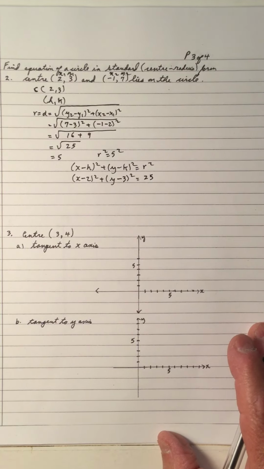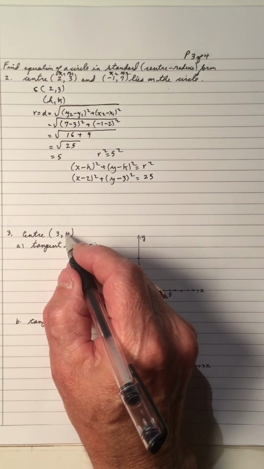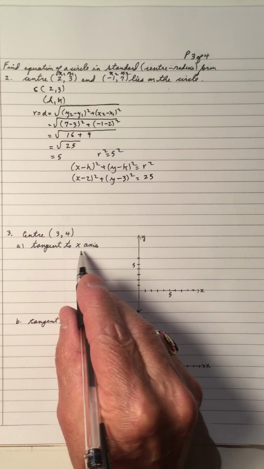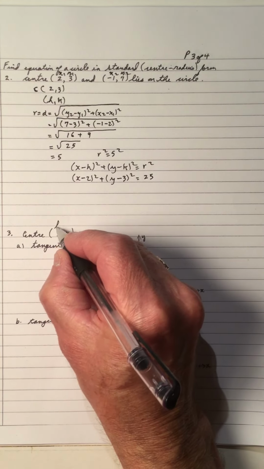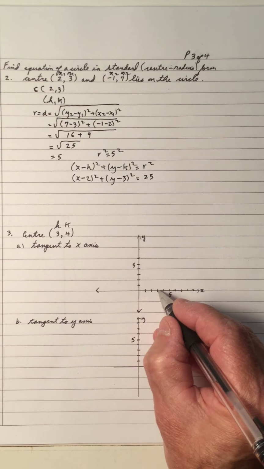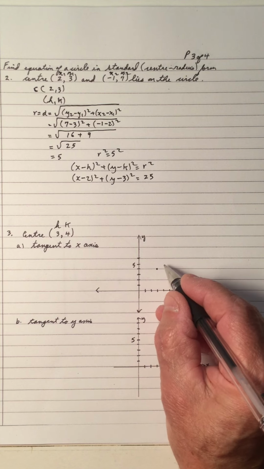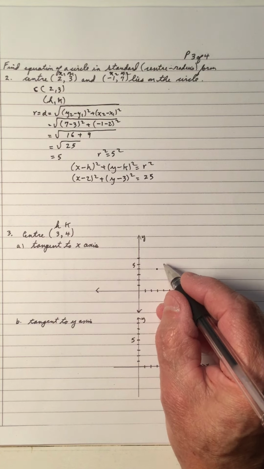Okay, we have another one to do now. Again, you can pause your video at any time and work these out before I do. The center is 3, 4, and it's tangent to the x-axis. So the center, that's the h, and that's the k. So the center is x is 3, y is 4, right there. And it's tangent to the x-axis.